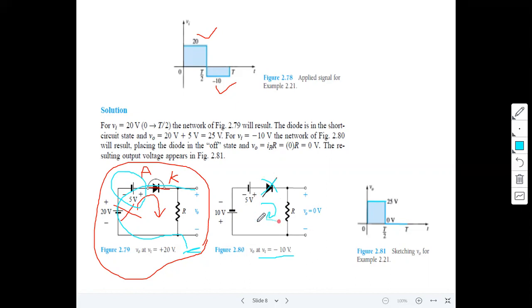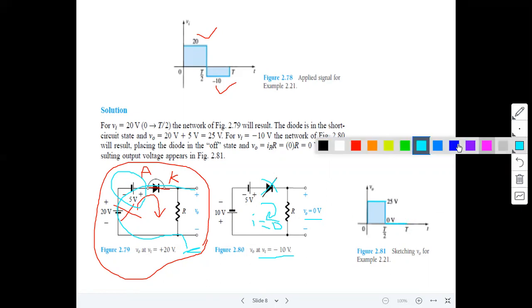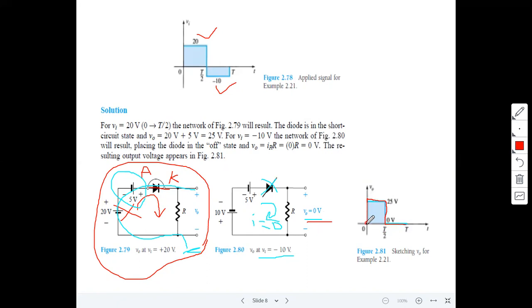Then the output V naught is equal to I into R, which is also 0. So from T by 2 to T, the output is equal to 0. From 0 to T by 2, the output is equal to 25 volts.